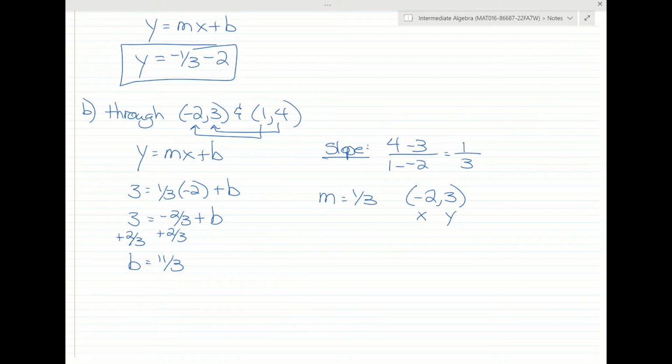Do you understand what I just did there? We found the slope, and then we plugged in a point for x and y. We're trying to write an equation in slope-intercept form where we need a slope and we need a b. So the slope is 1/3, and the b is 11/3.